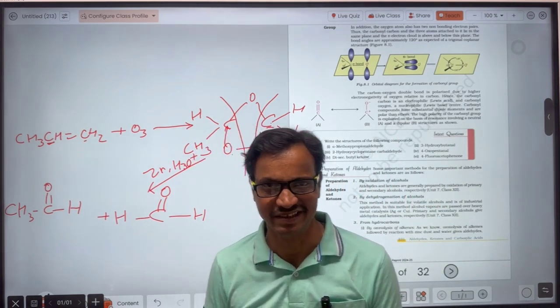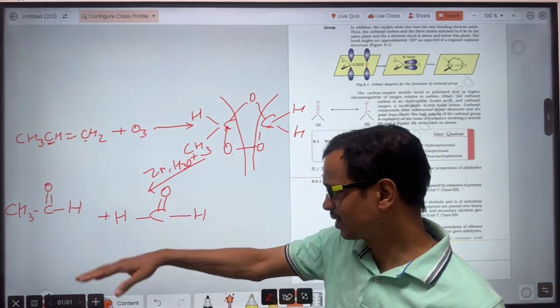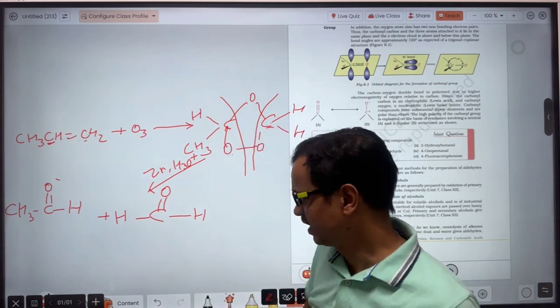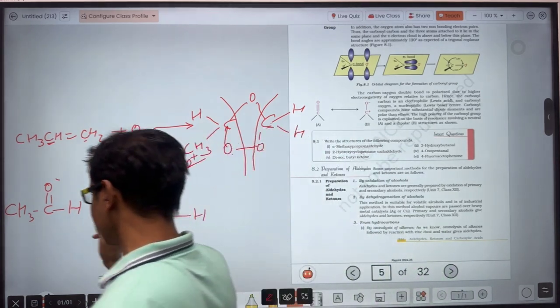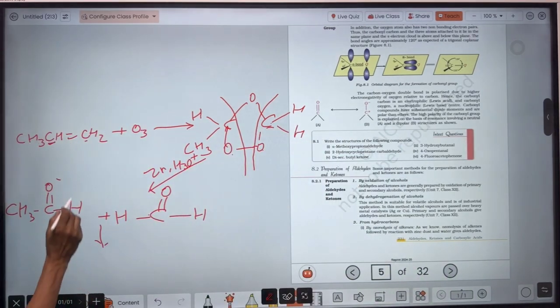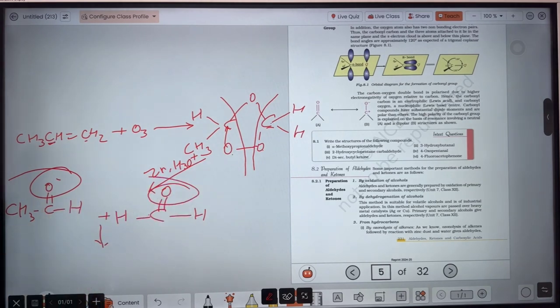One point also keep in your mind: when you take out the oxygen from here and the oxygen from here, and then do double bond formation between this carbon and this carbon, what will the structure be? This carbon will have a methyl and a hydrogen, and this carbon will have two hydrogen only, with double bond formation between them. Is that not the same? Yes, it is the same compound.